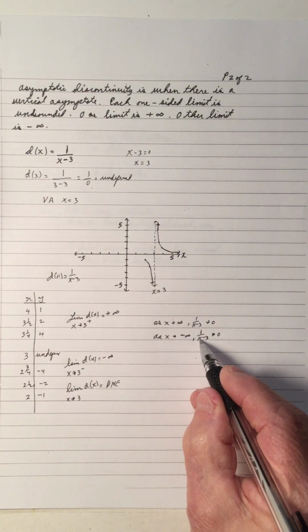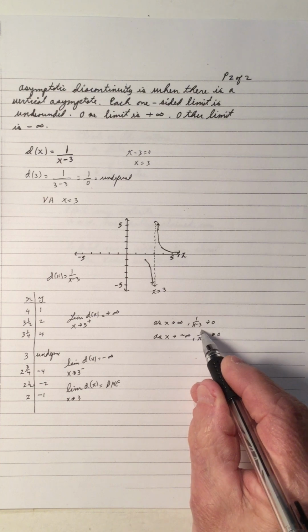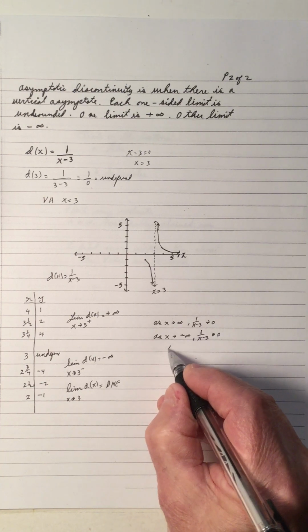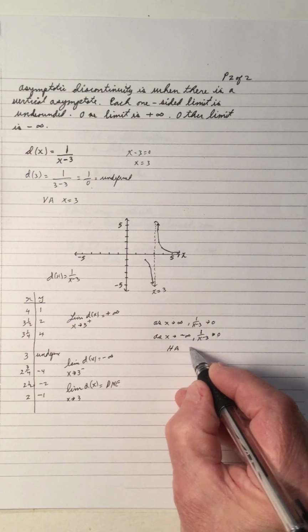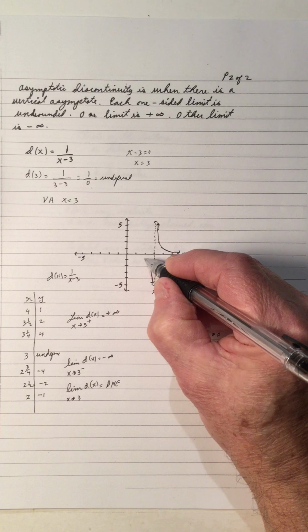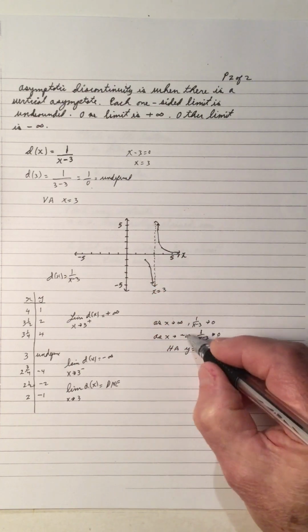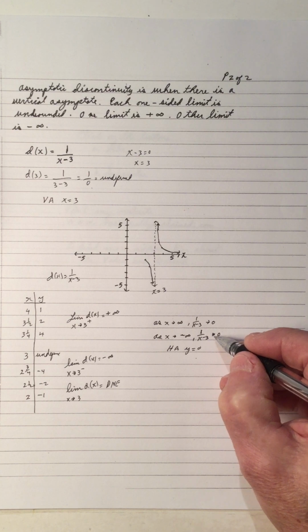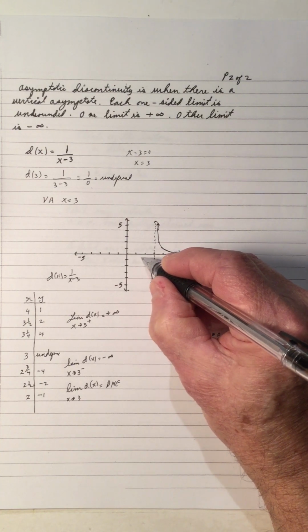As x gets larger and larger negative, this approaches 0. So this has a horizontal asymptote at y equals 0. As x goes to negative infinity, d of x goes to 0.